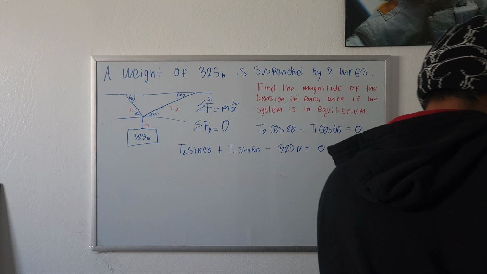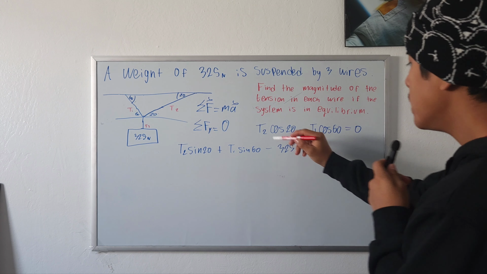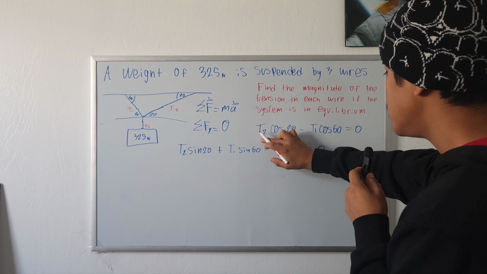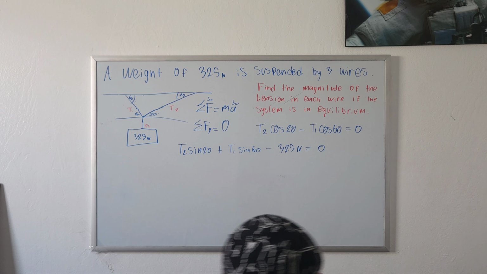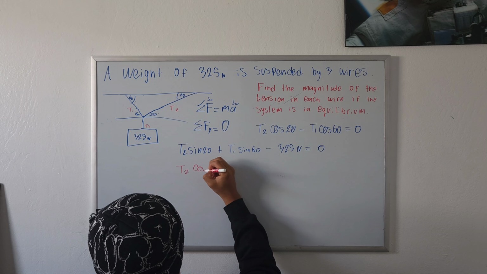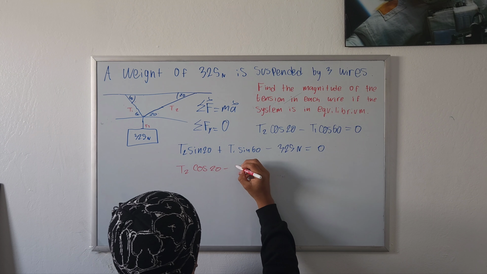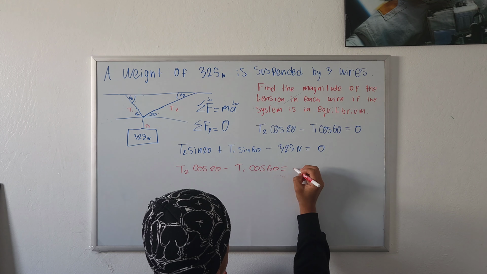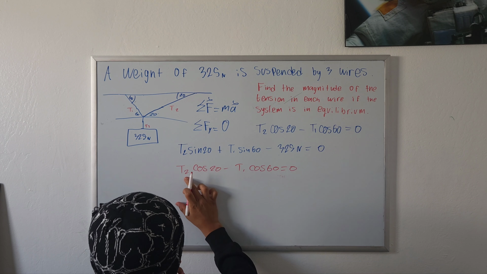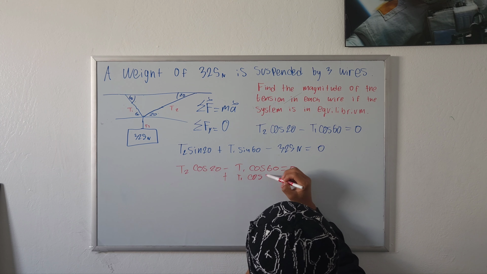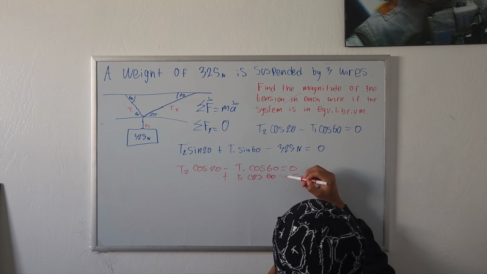And then now what I'm going to do here is I'm going to solve for one of these variables, and I'm going to solve for T2. So what I'm going to do to this equation right here is I'm going to rearrange it to get T2 in terms of T1. So if I rewrite that, that's going to be T2 cosine of 20 minus T1 cosine of 60 is equal to 0. And to get T2 by itself, I'm going to add T1 cosine of 60.